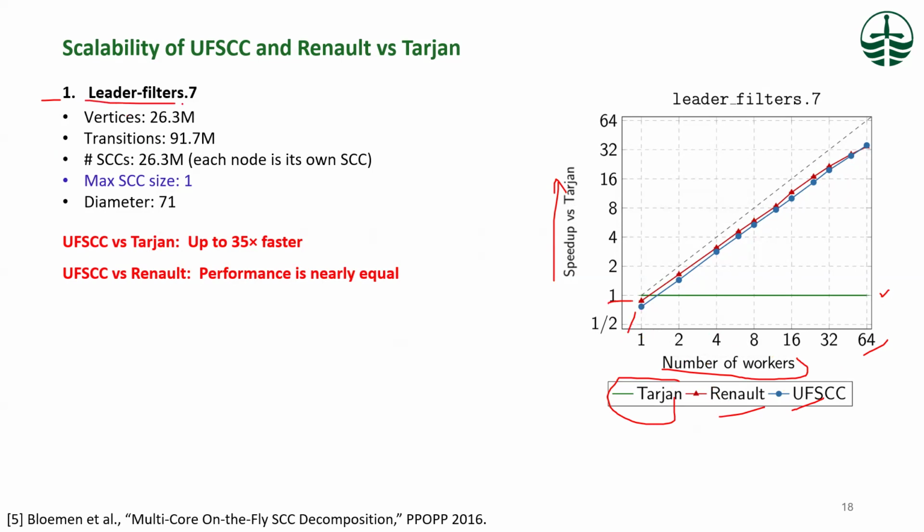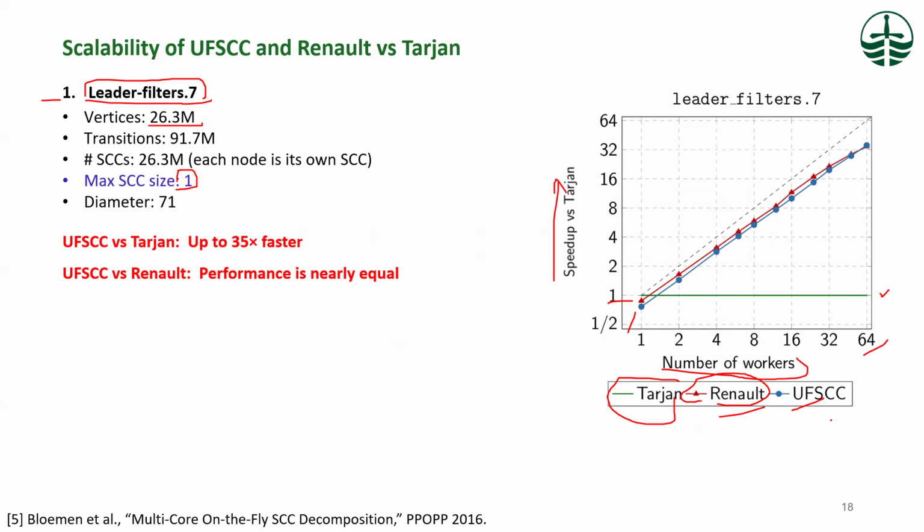If we look again at this leader filter, it has 26.3 million vertices, and the maximum SCC size is 1. That is the main thing we need to look at in this experiment. When our SCC size is just 1, we see Reynolds working better than UFSCC.